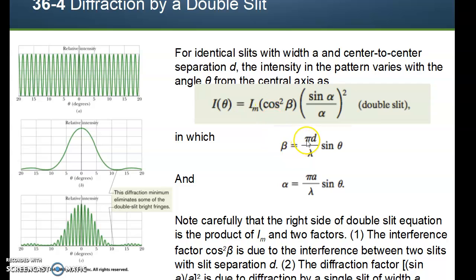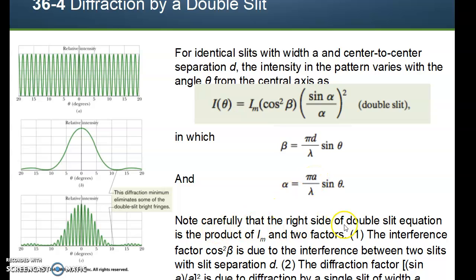Where beta is pi d, the separation of the slits, over lambda, times sine theta. And then alpha still includes the slit width, pi a over lambda sine theta, okay? So d is the distance between the slits. And a is the width of the slit, okay?